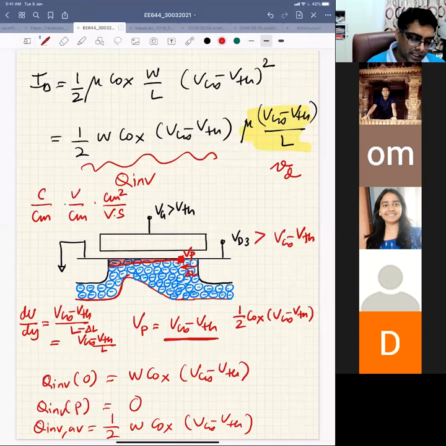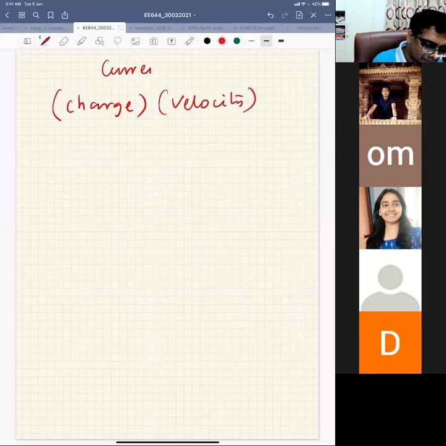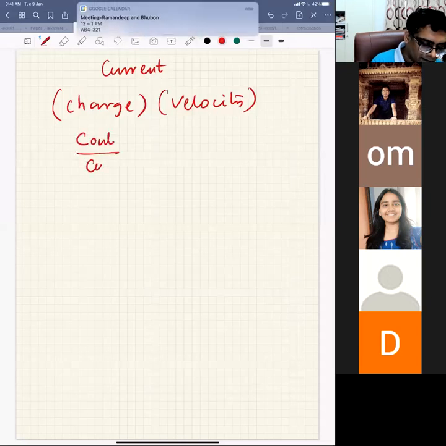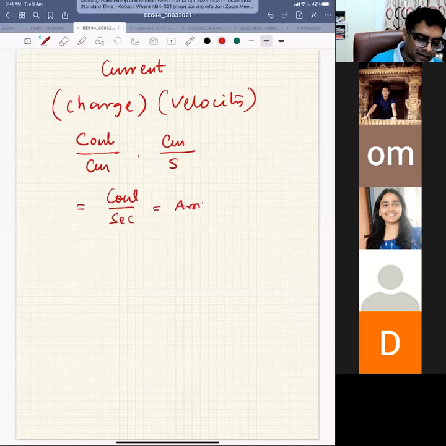Or you could think in this way: your current is charge into velocity. The charge, I am talking about coulomb per centimeter because I multiply by W, and the velocity is centimeters per second. So this will be coulomb per second, and coulomb per second is nothing but your ampere.